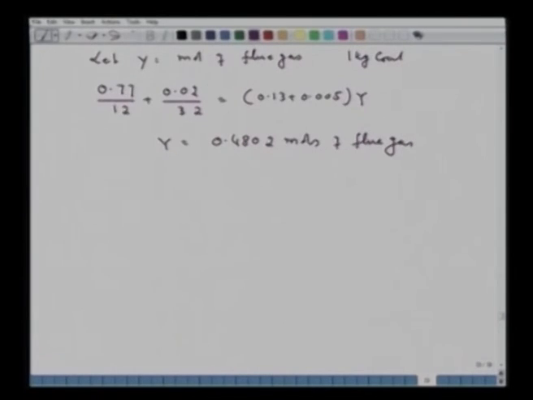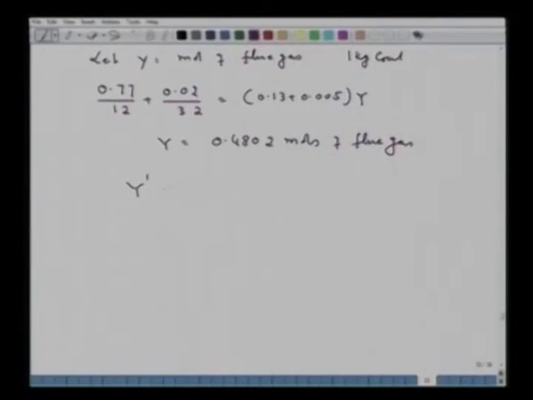Now, once I know this for the normal operation, when the door was opened I am again given the analysis of the products of combustion. So, I can now calculate Y dash when the door was opened. This will be equal to 0.564 moles.